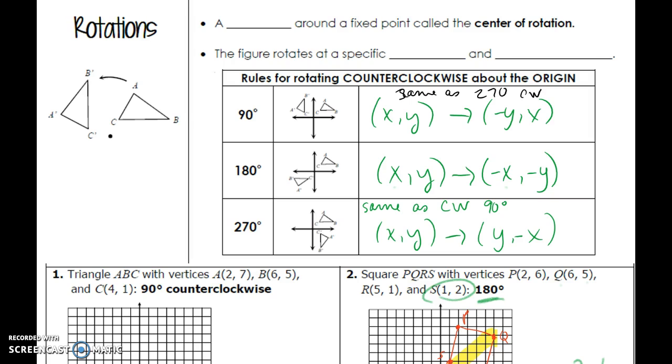So you just might want to add those to your notes so that you have a little something to look at. But good luck with rotations. Like I said, these are the hardest. They take the most brain power. Either understand the drawing it out or memorize these dang rules and have fun.